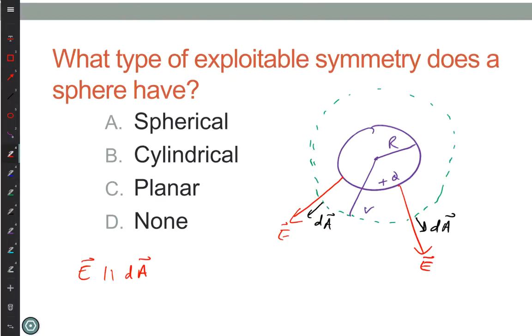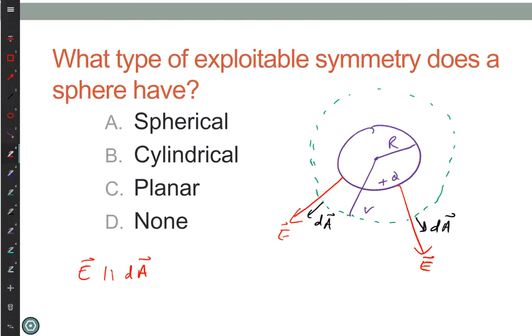Based on symmetry, without any knowledge at all, if you have a spherically symmetric situation, then it can't matter where you are in terms of your angle around it. It can only matter how far away you are. Just because of the symmetry, your variation can only occur with radius.